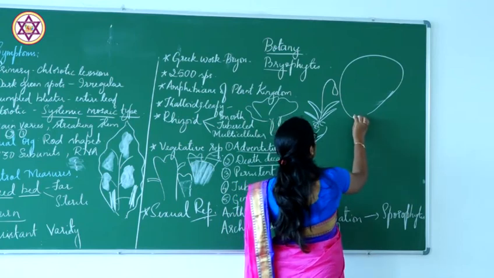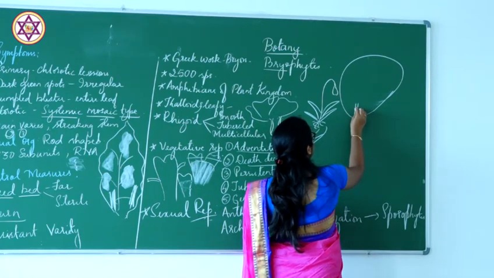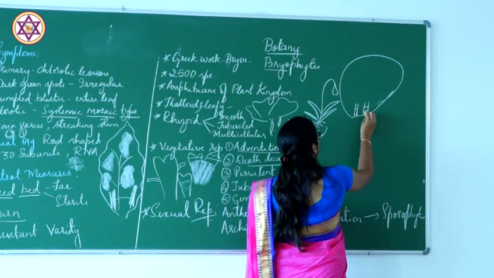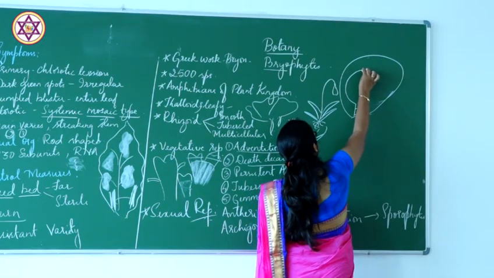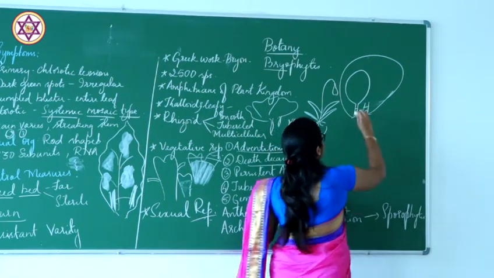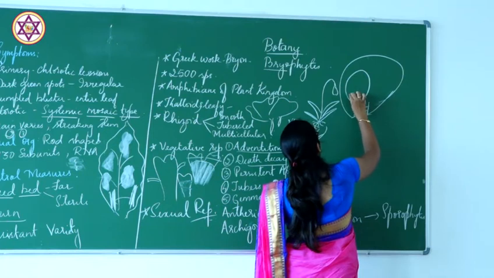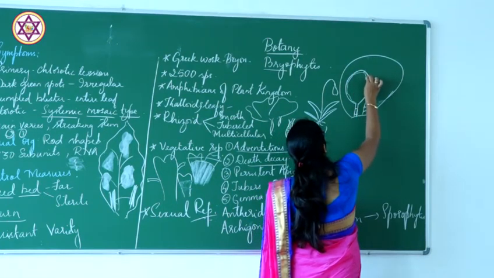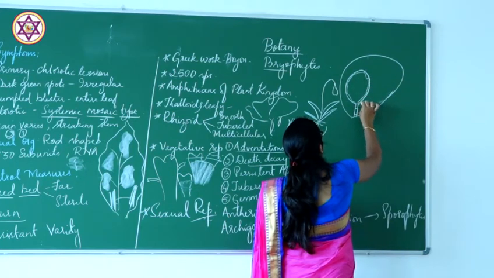You will find the antheridium to be stalked and multicellular, with a club shaped, single sterile jacket layer.